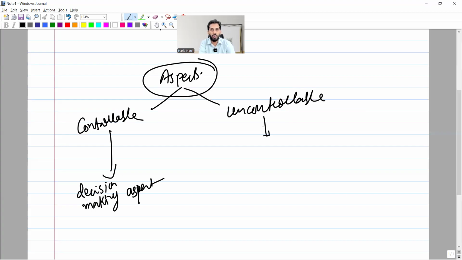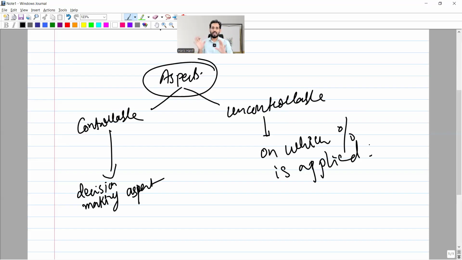And what is uncontrollable? It is that factor on which probability is applied. That is a very simple point to identify from the given case study, right? So let's first identify what is the controllable factor and what is uncontrollable factor from this given case study, and then we're going to be solving this question, right?